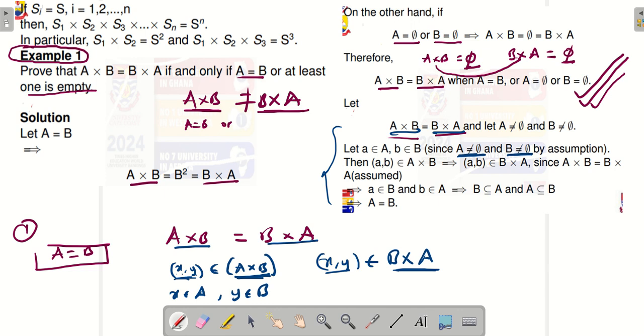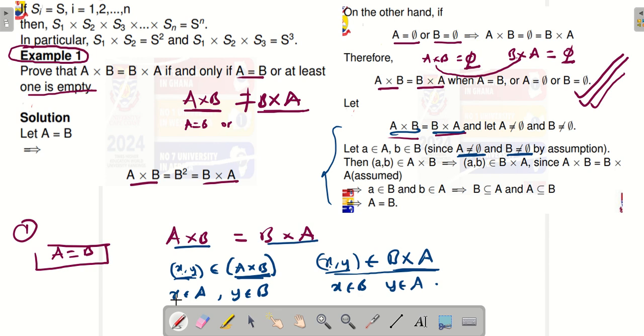Then when we also come here, if xy belongs to B cross A, then the first value, x, belongs to B, and y also belongs to A. Now let's look at these two statements. What do we see from here?